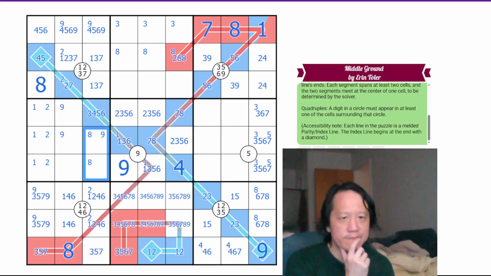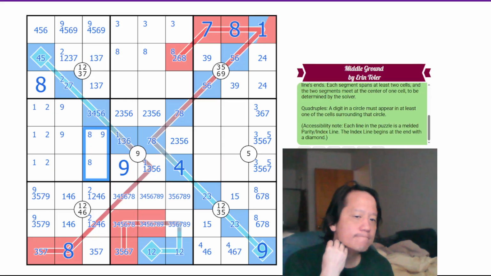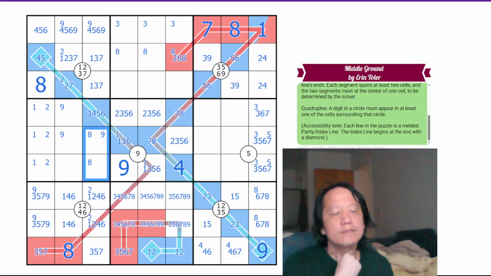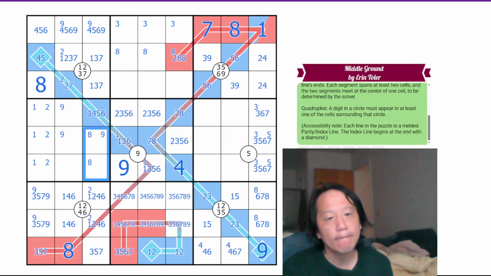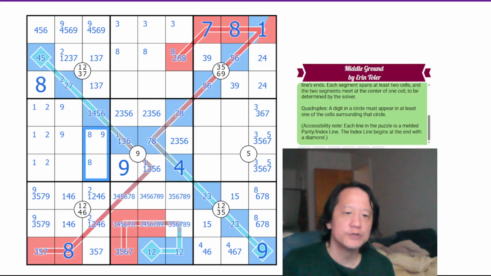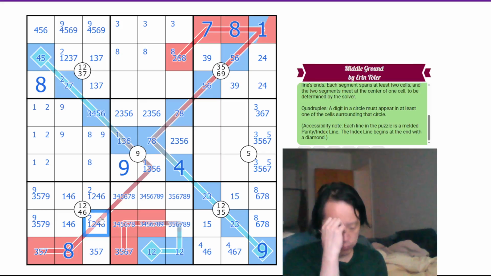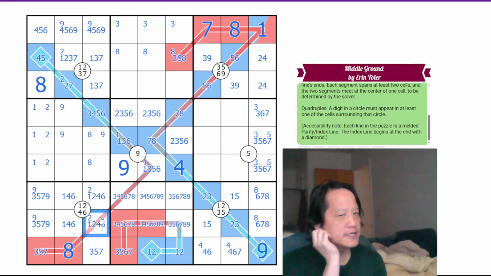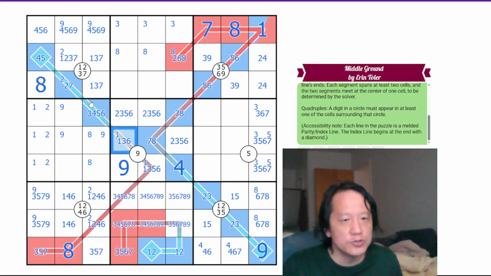Okay. In column 3, so this, either this is a 1, if it's only a parity, or if it's index, it can't be 2 or 4.